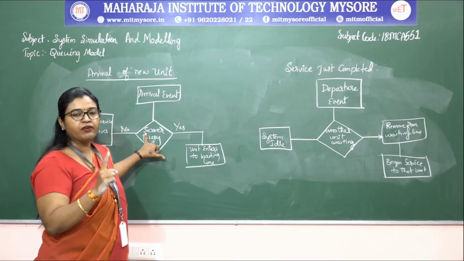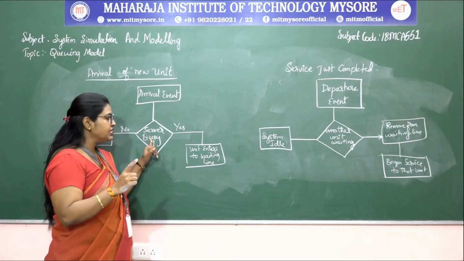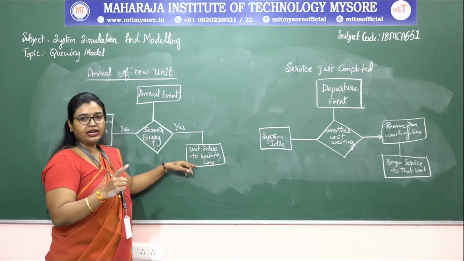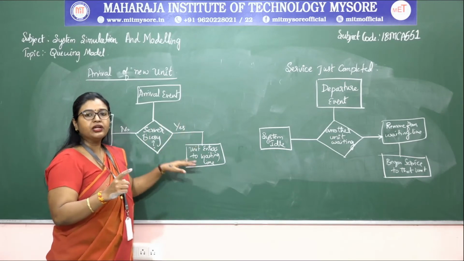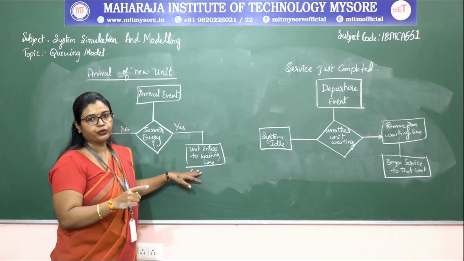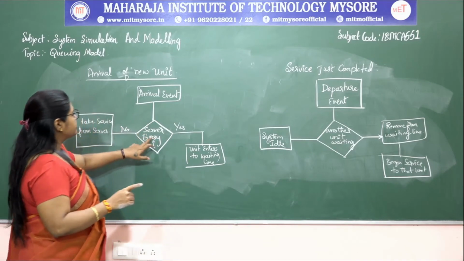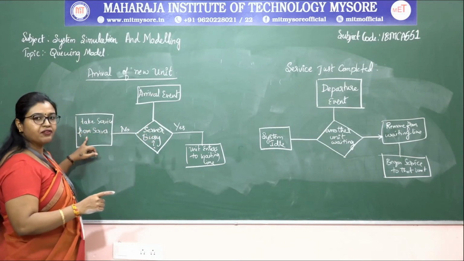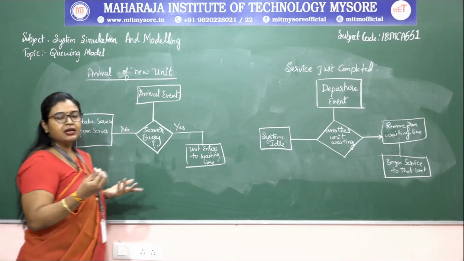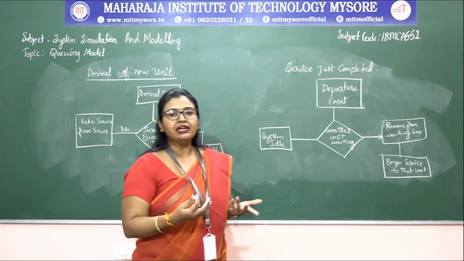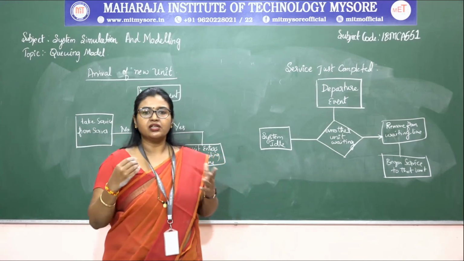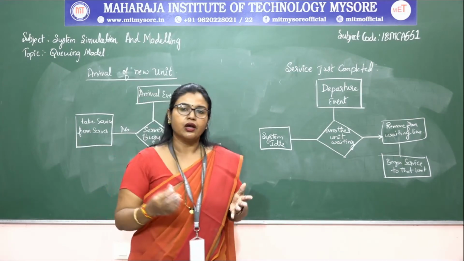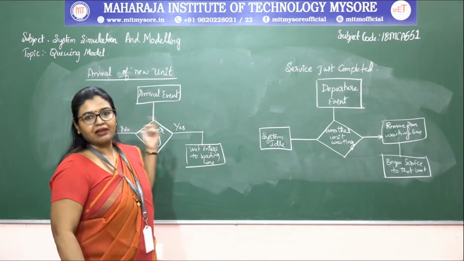If the server is busy, then that unit or customer should enter into the queue. If the server is idle, then he takes the service from the server. Since the server is idle, directly he is going to give the service to that particular customer. So this is the arrival event.